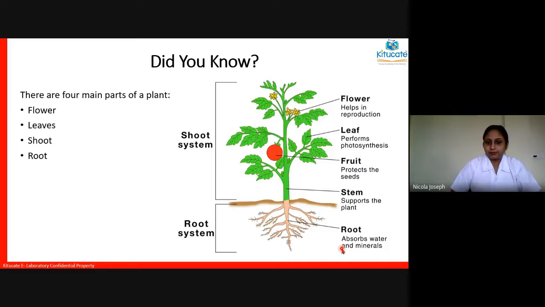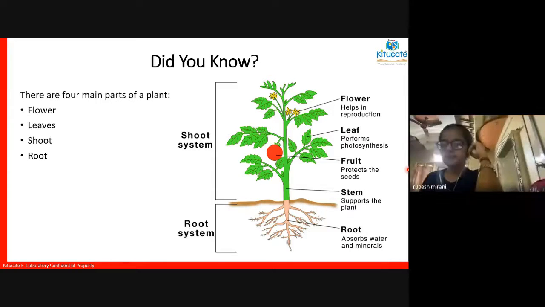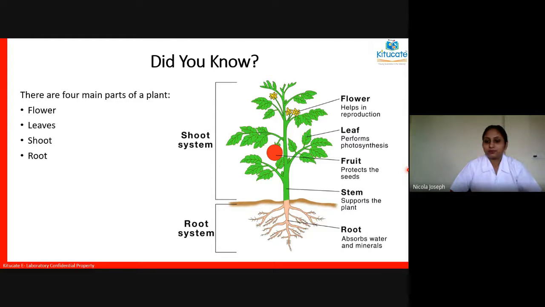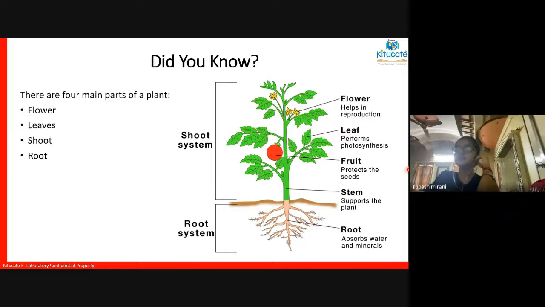Now, can you all tell me what does the fruit do? We eat the fruits, but how is it helpful for the plant? There are some fruits that we eat, okay, but how is the fruit helpful to the plant? Yes, Angela, how is the fruit helpful to the plant? It gives seeds.